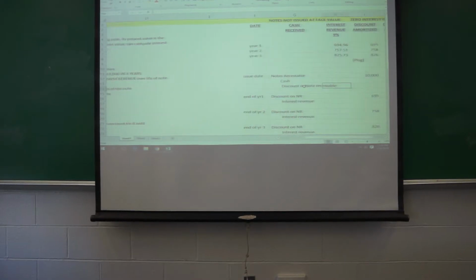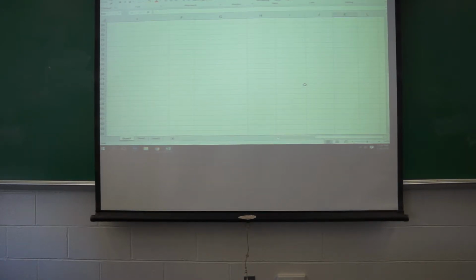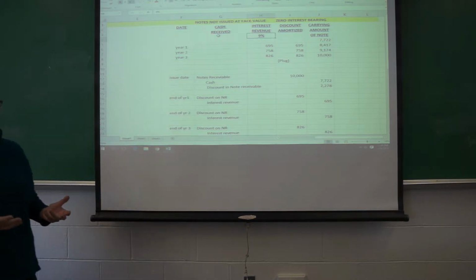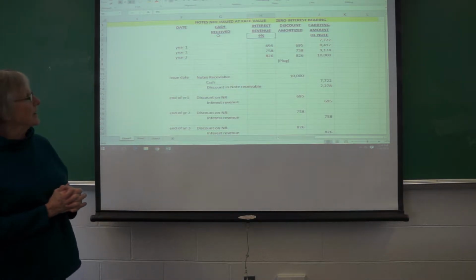The first thing I do is round these numbers so they make sense and we're consistent. Basically, when you go to the tables, you'll find that the implied interest rate on this note is 9%.